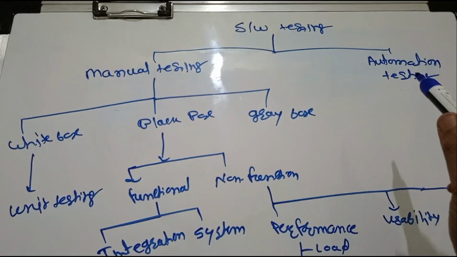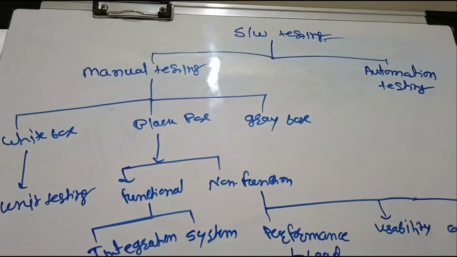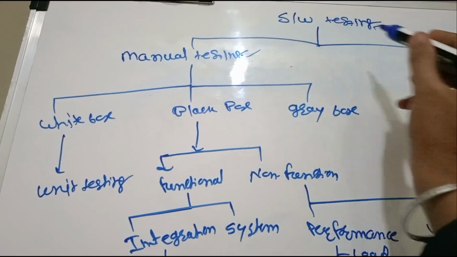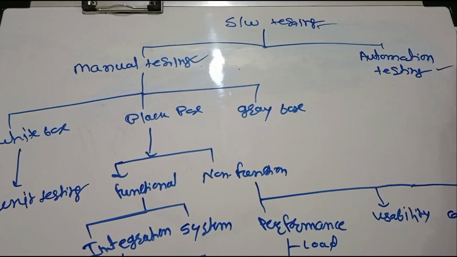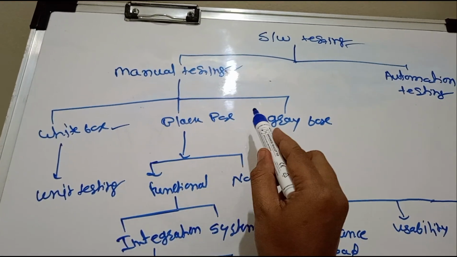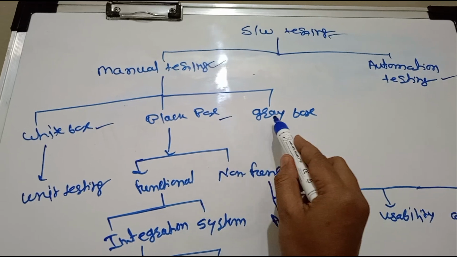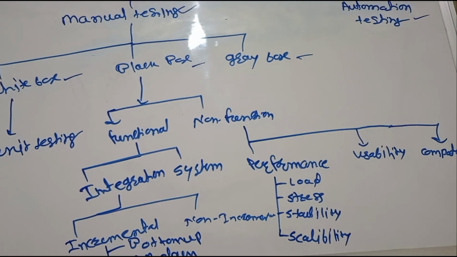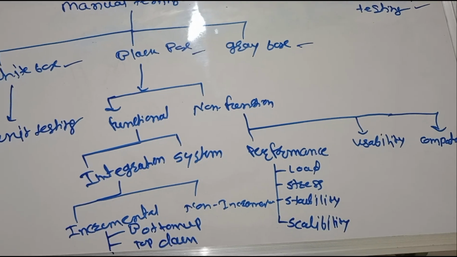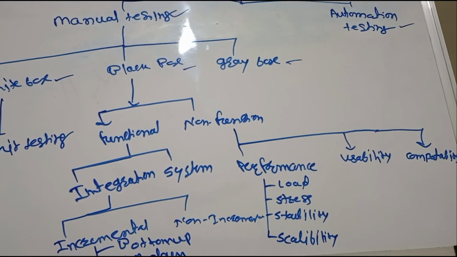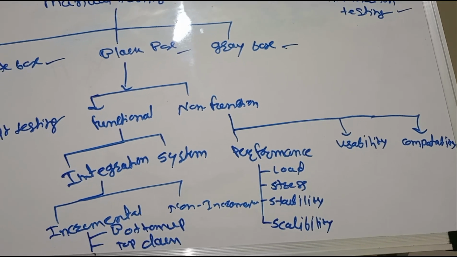So as I told, software testing has different types. One is manual, then automation. Manual has white box, black box, gray box, and white box has unit testing. Then black box has two types, functional and non-functional.